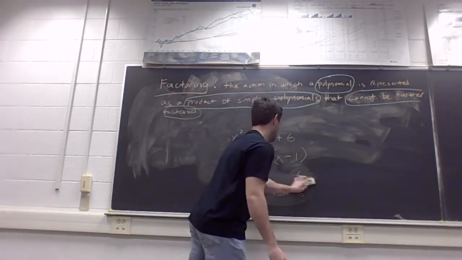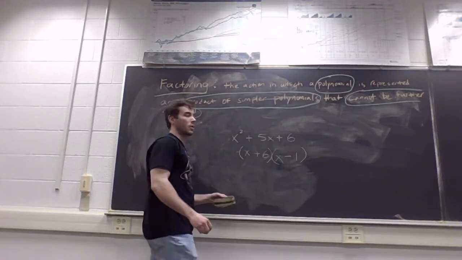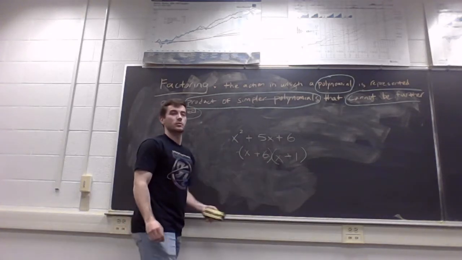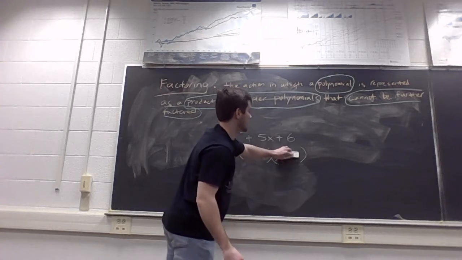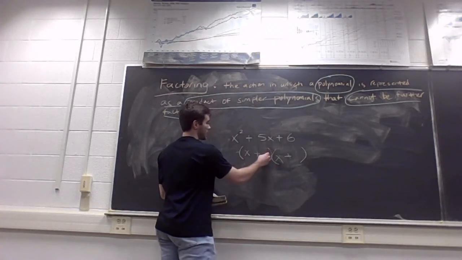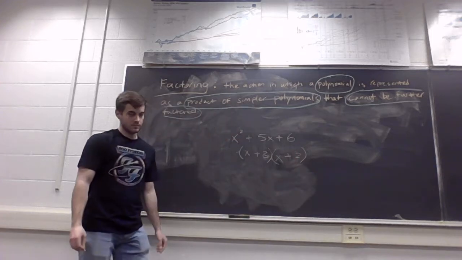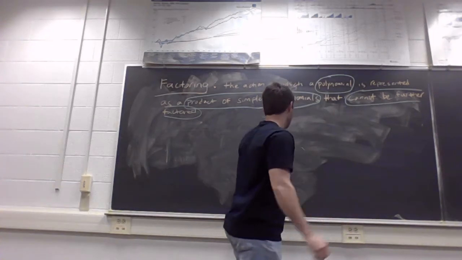However, we want to be careful because we know that both of the signs in our original polynomial are pluses, so we know right away that both of these signs in the middle should also be pluses. Our mistake was rather choosing our factors. It should have been 3 and 2. Very good.